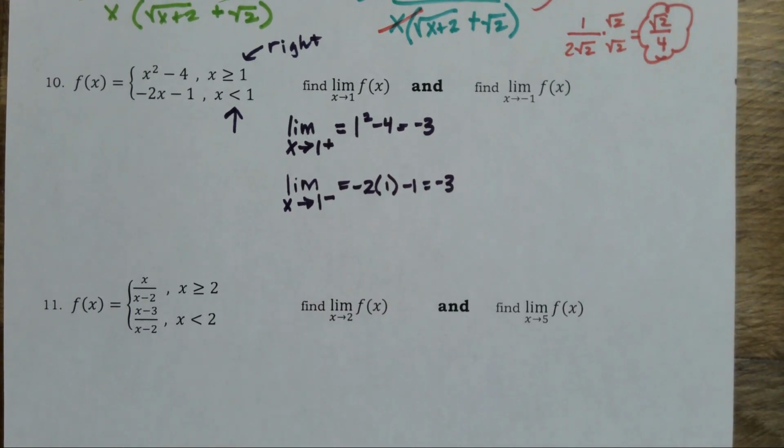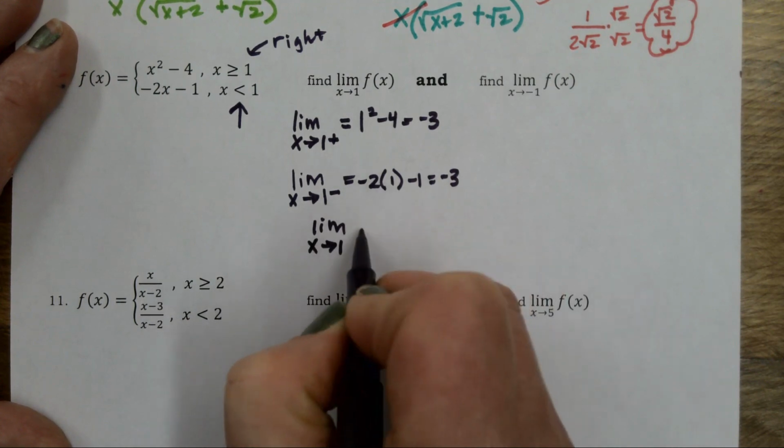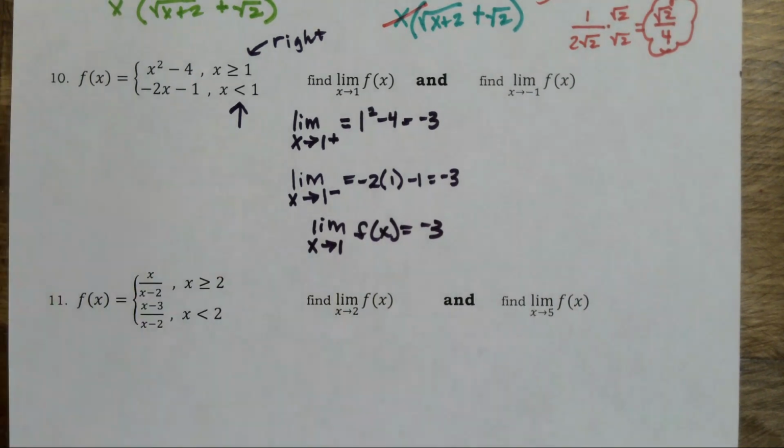And my whole goal is for them to match. And if they match, that's my limit. So the limit as x approaches 1 of this function is simply -3. If they don't match, DNE.